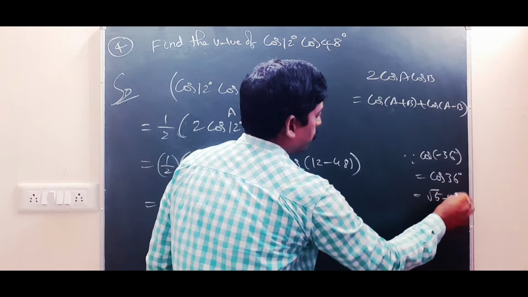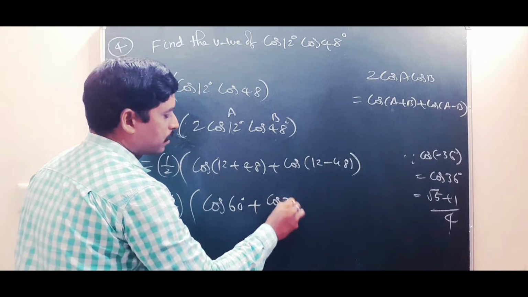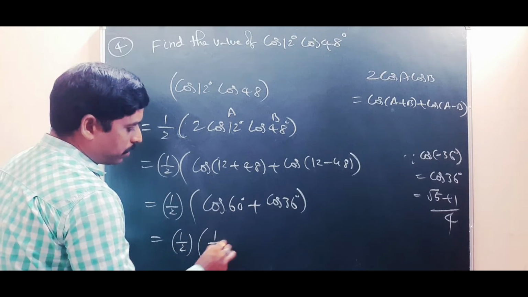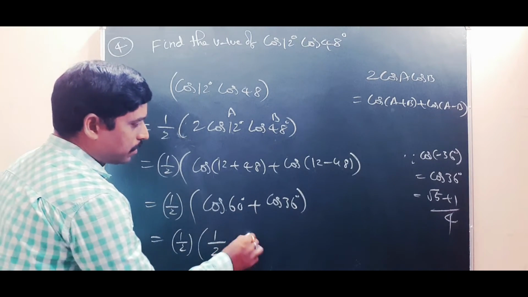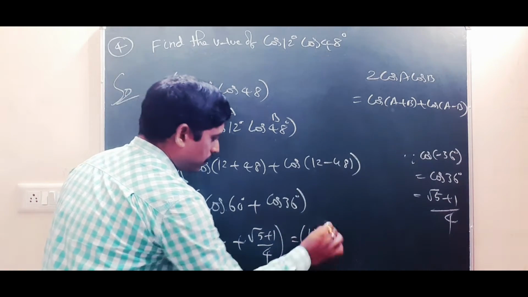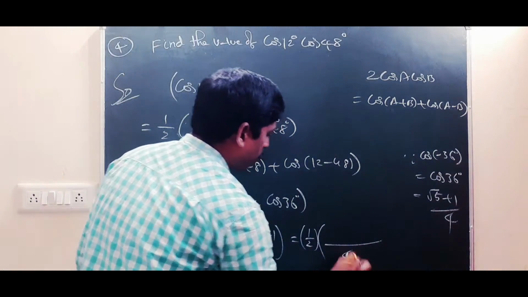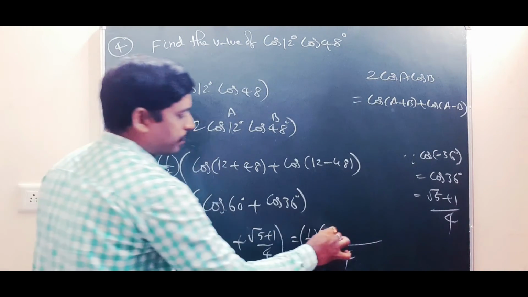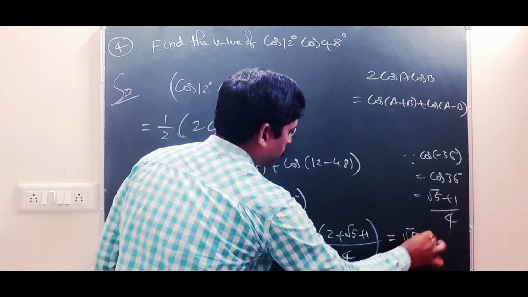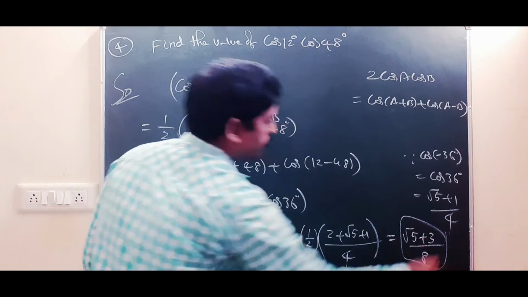This value we have as root 5 plus 1 by 4. This is cos 36. So 1 by 2 times cos 60, whose value is 1 by 2, plus root 5 plus 1 by 4. Let us take the LCM, which is 4. 2 plus root 5 plus 1 gives root 5 plus 3 by 4 times 2, which is 8. This is the answer.